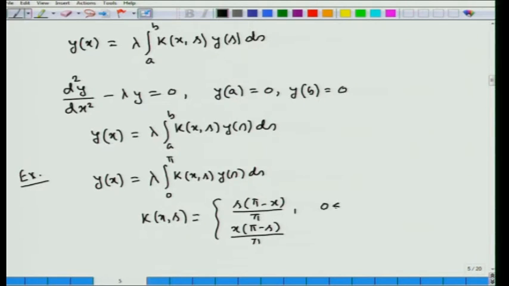The first definition is for 0 less than or equal to s less than x, and the second one for x less than s less than or equal to pi.